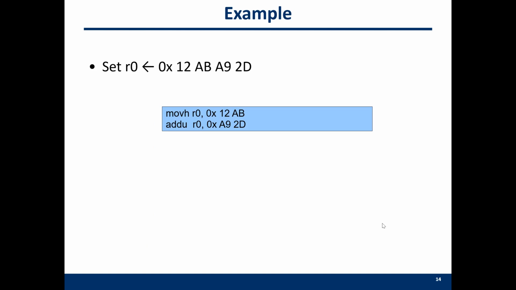First, you use move H to move the high end to the R0 register. And then you use addition.